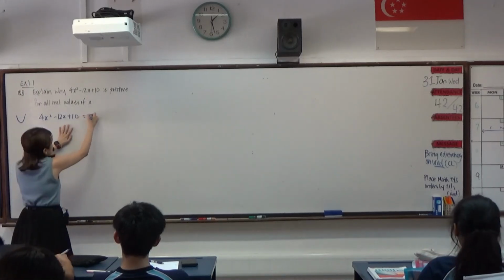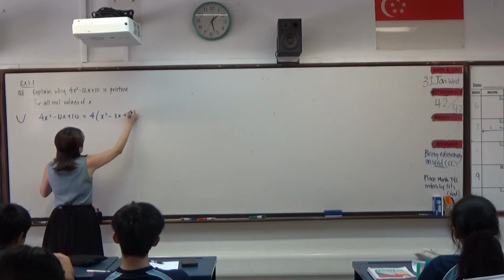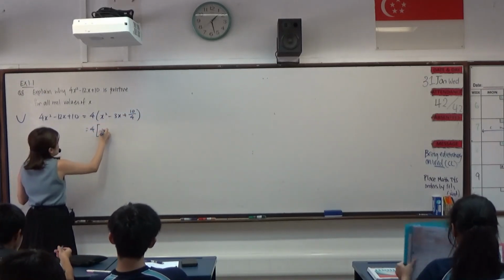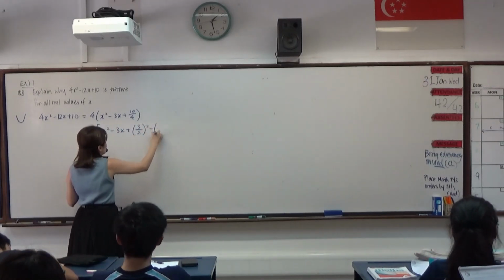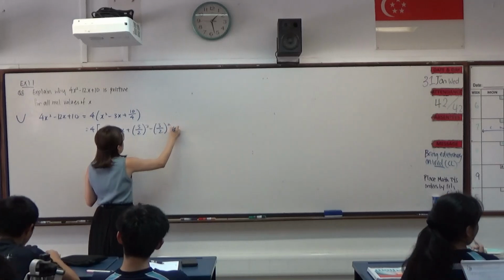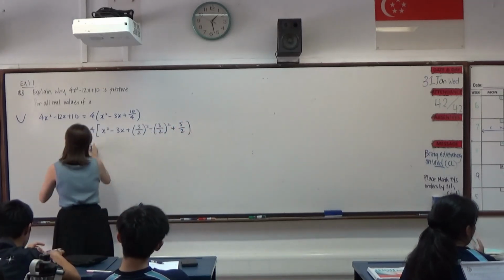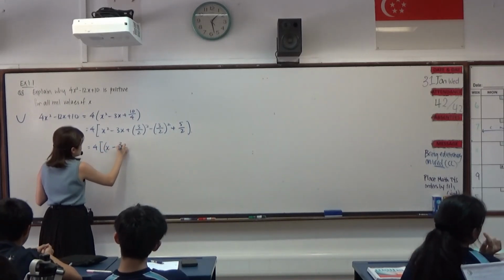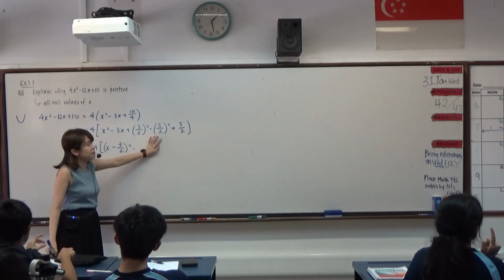Such that if I do my completing the square, 10 over 4, 10 over 4 is 5 over 2. Can someone help me calculate minus 9 over 4 plus 5 over 2?